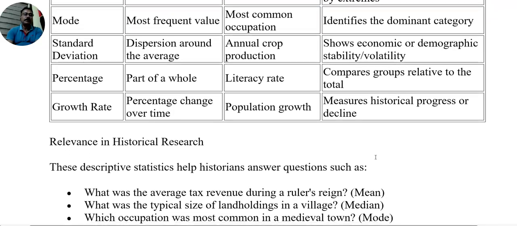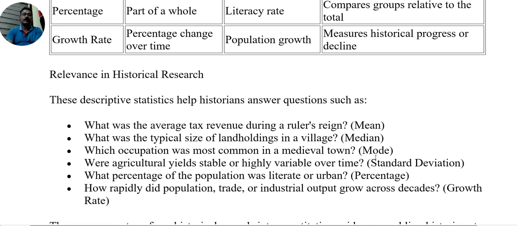So, relevance in historical research: these descriptive statistics help historians answer questions such as: what was the average tax revenue during a ruler's reign? That is mean, we have to apply this tool. What was the typical size of land holdings in a village? We have to apply median. Which occupation was most common in a medieval town? We have to apply the statistical tool mode.